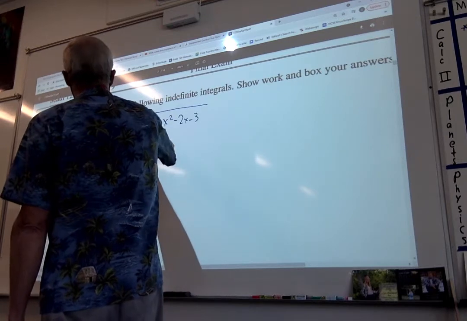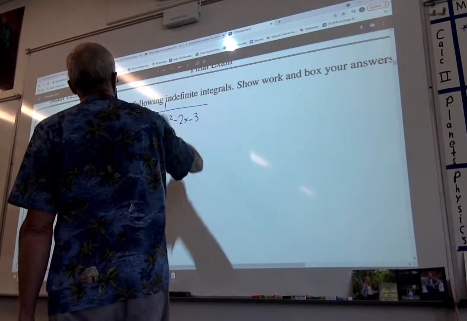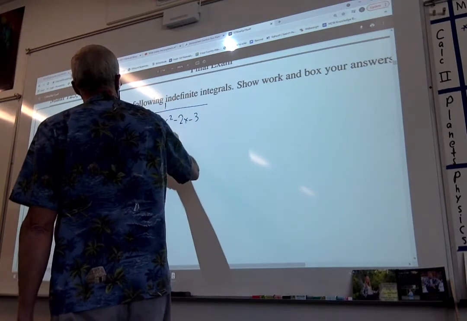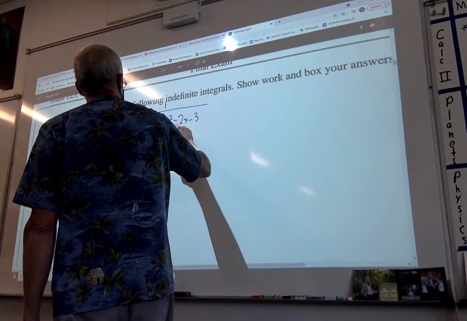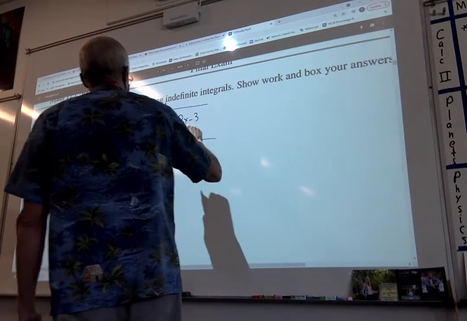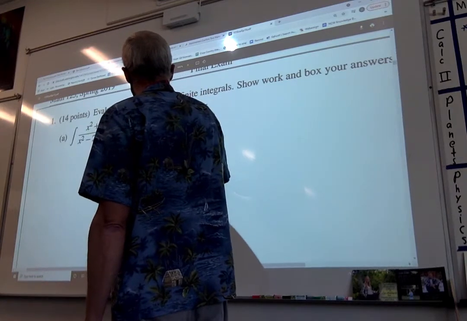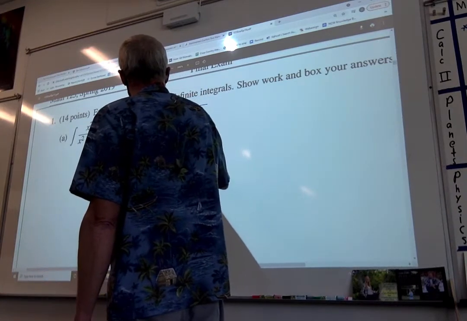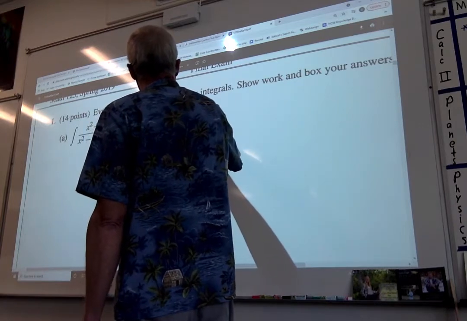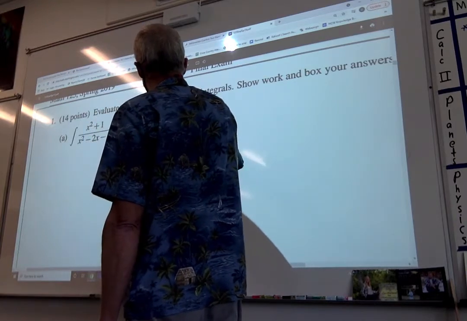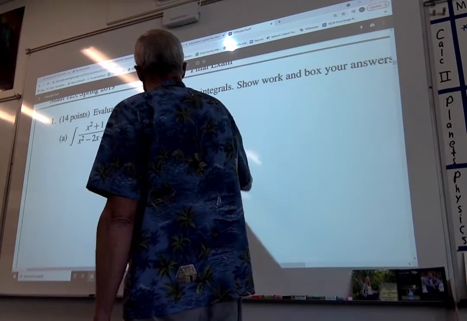Once, so x squared and x squared is 1. 1 times that is x squared plus 1. Subtract. X squared minus x squared is 0. Minus 2x minus nothing is minus 2x. Minus 3 minus 1 is minus 4.